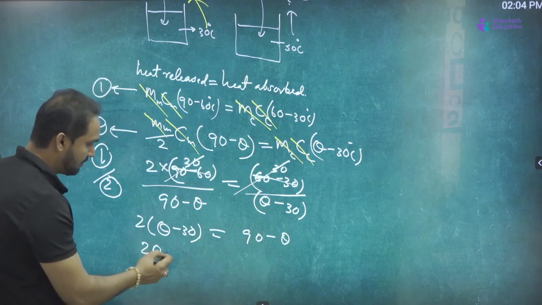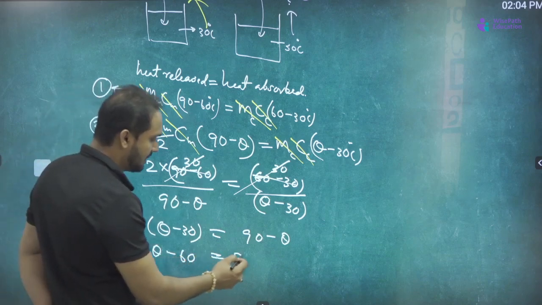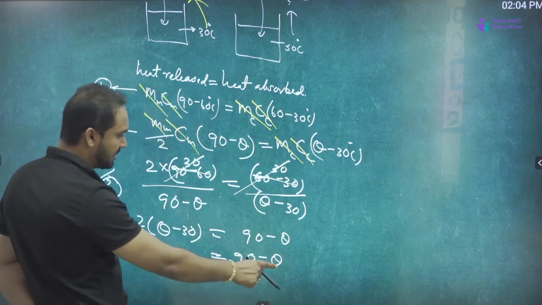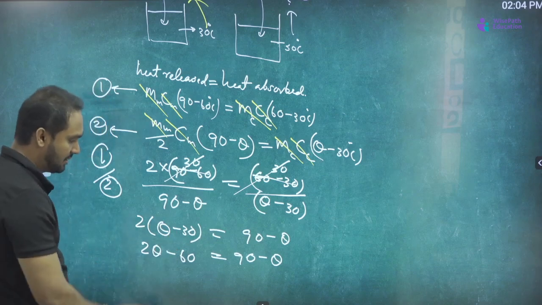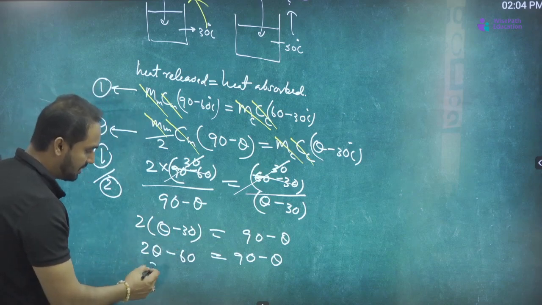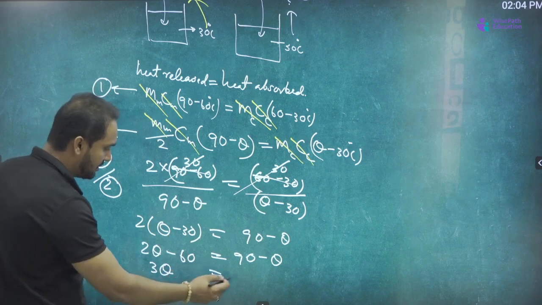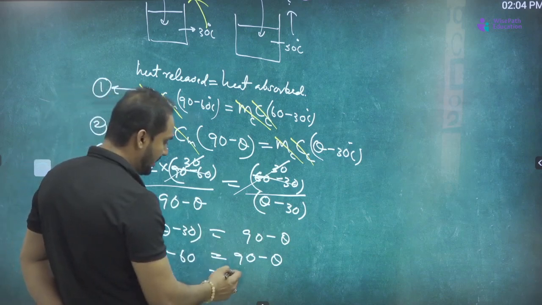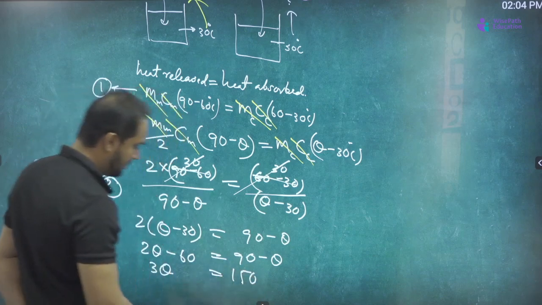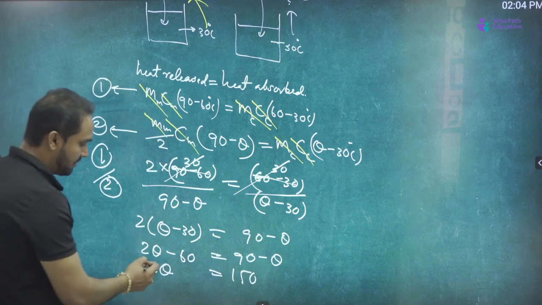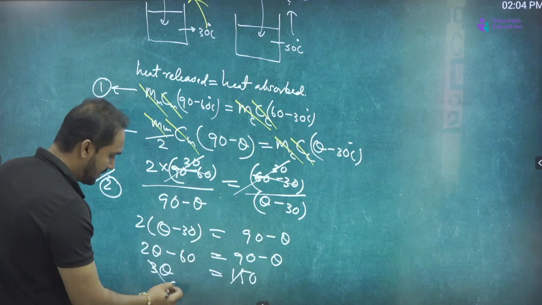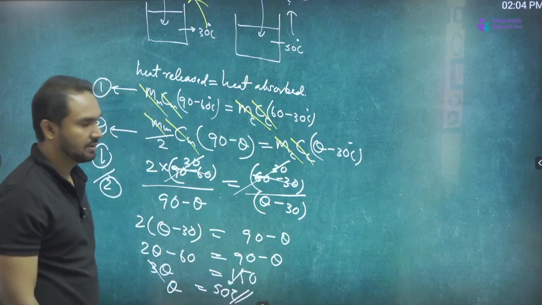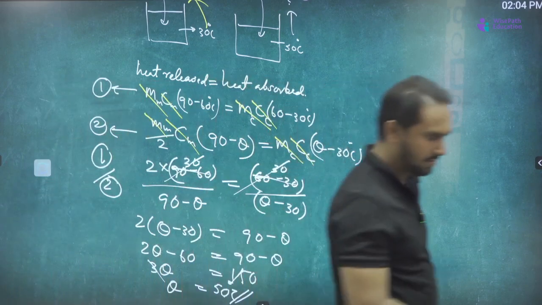So it's 2 theta minus 60 equals 90 minus theta. Take minus theta to this side, that will be plus theta. 2 theta and plus theta will be 3 theta equals, take 60 to the other side, that will be plus 60, 150. If you divide both sides by 3, theta will be 50 degrees Celsius, right? 50 degrees Celsius.